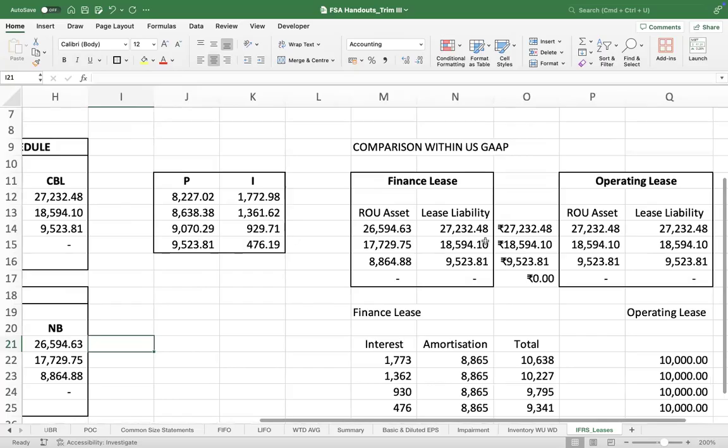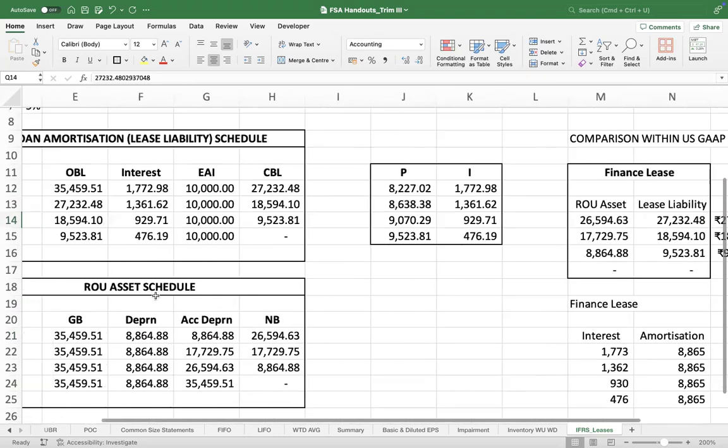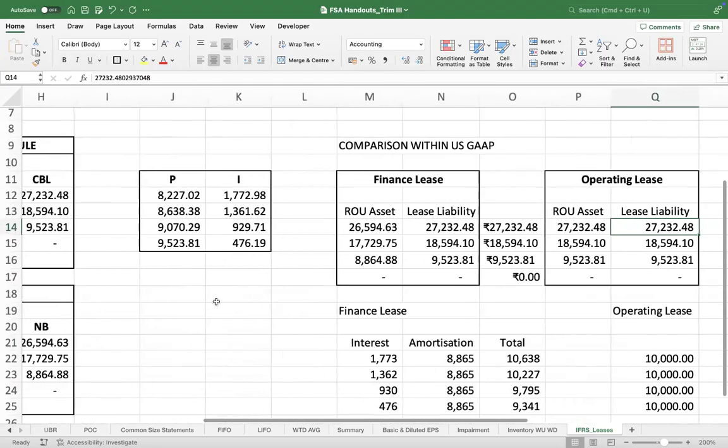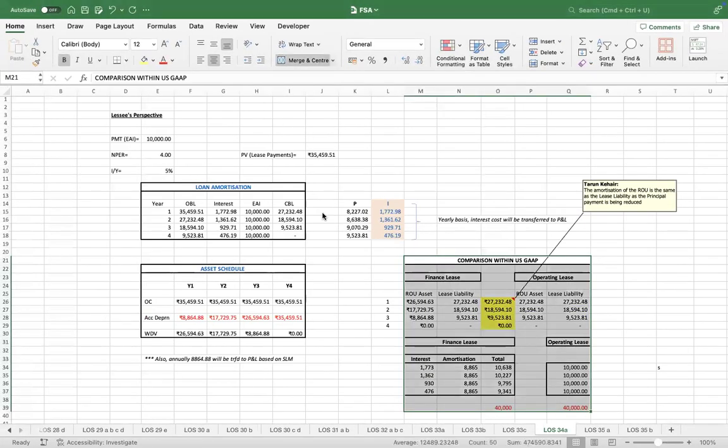So here, if you see, I am showing the asset value the same as my lease liability. Why is that? As you have mentioned in the last class, US GAAP follows a more conservative approach. So maybe because of that, because values in the ROU are less than in the lease liability.